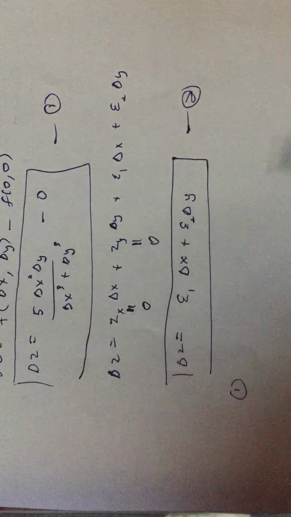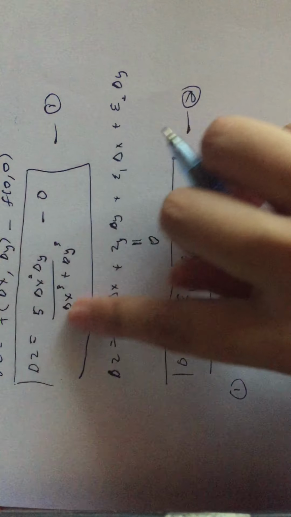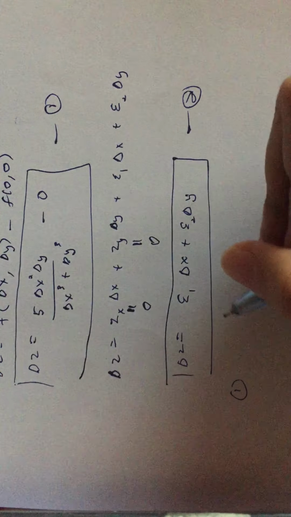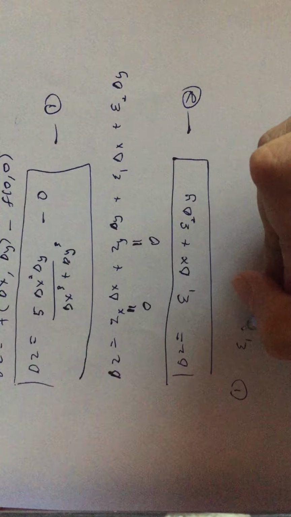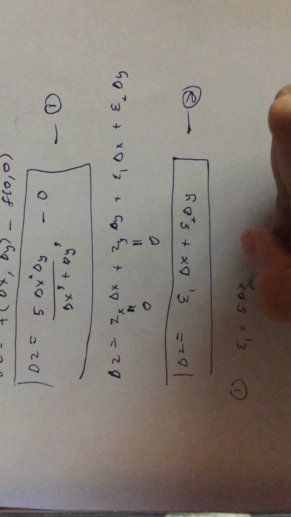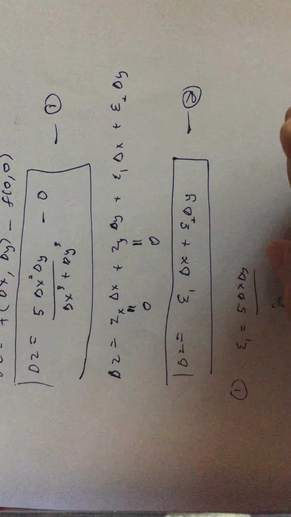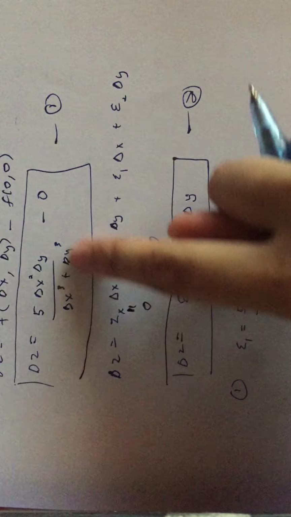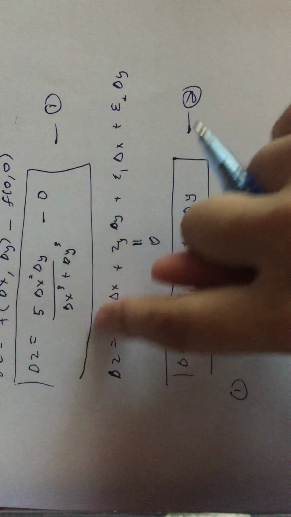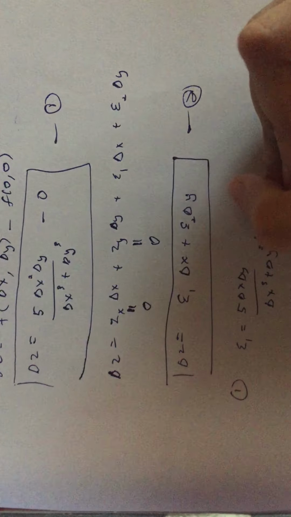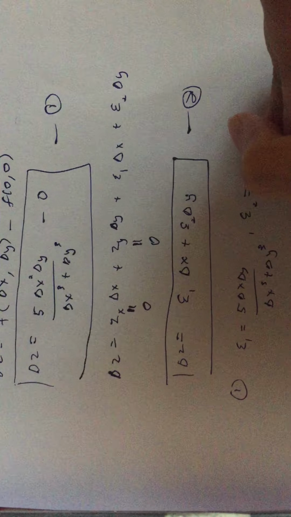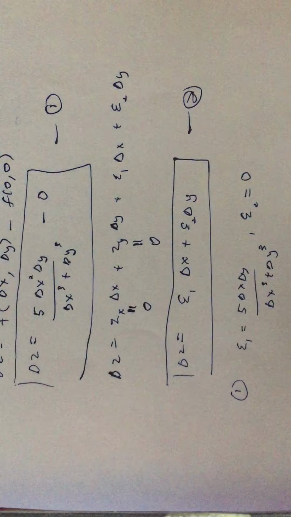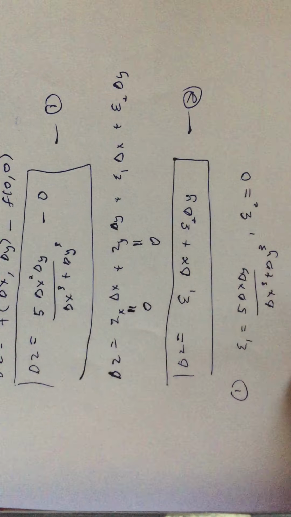So, first case is bila mana this one belongs to epsilon 1 delta x, which means that epsilon 1 is equals to 5 delta x delta y over delta x cube plus delta y cube. So, kita factorizekan delta x out sebab this one belongs to epsilon 1. And then we have epsilon 2 is equals to 0. So this one is the epsilon 2 punya part. So this one is first case.